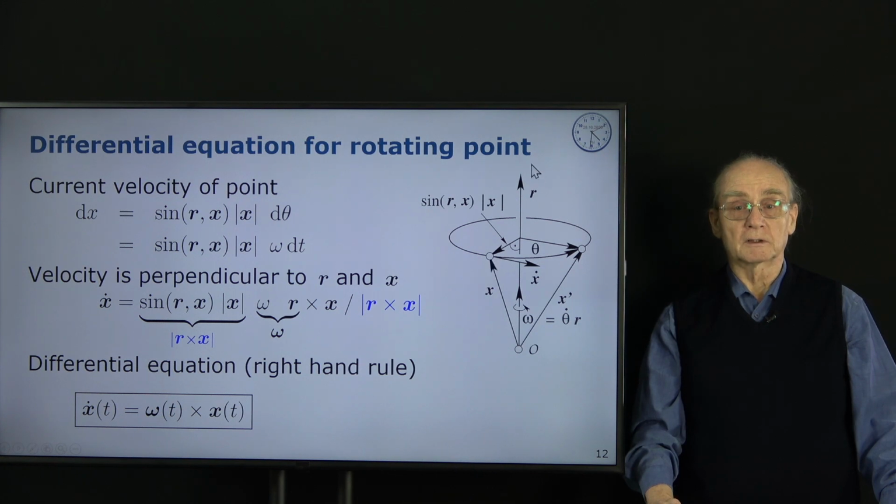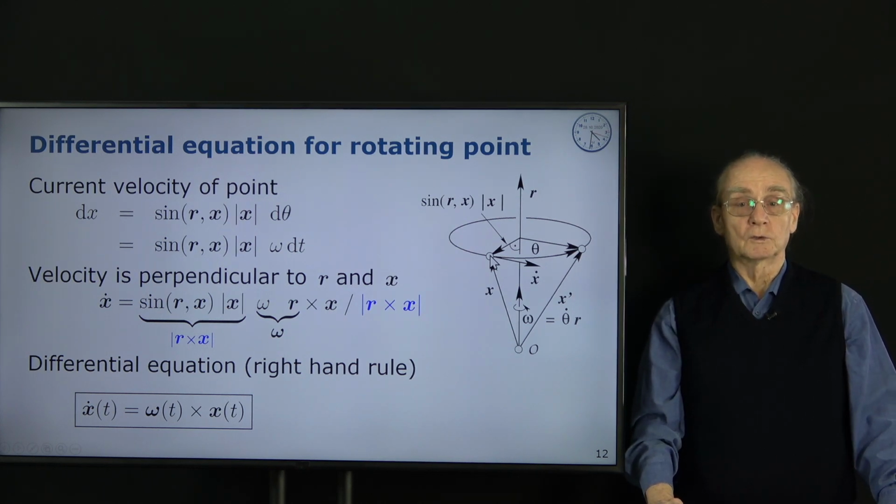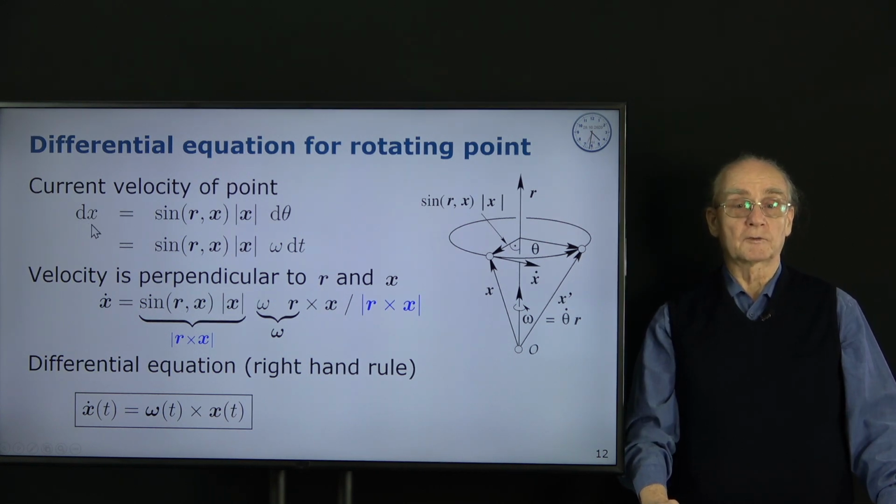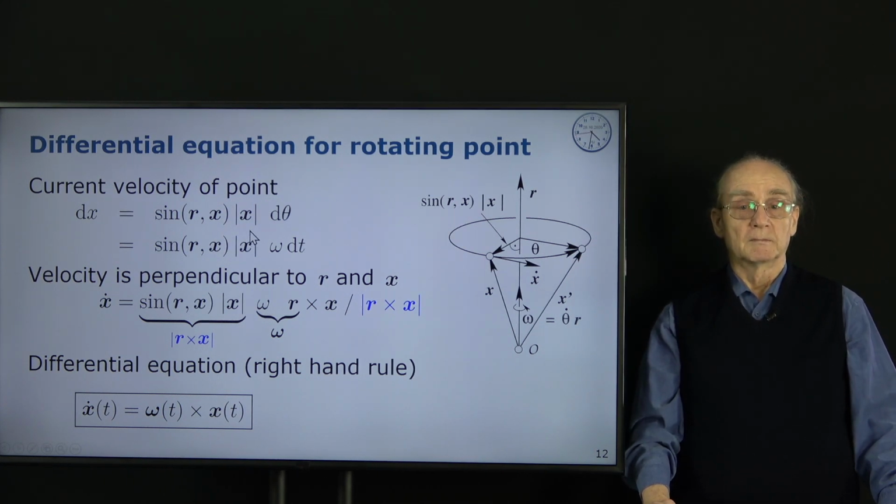Now let's look: r is a unit vector and x is the vector to our point. So this length is nothing else than the length of this vector multiplied with the sine of this angle between r and x, because we have here a rectangle. So if we want to derive the length of the path in a short time, it's the sine of this angle between the rotation axis and the direction to the point, multiplied with the distance of the point to the origin, multiplied with the small angle.